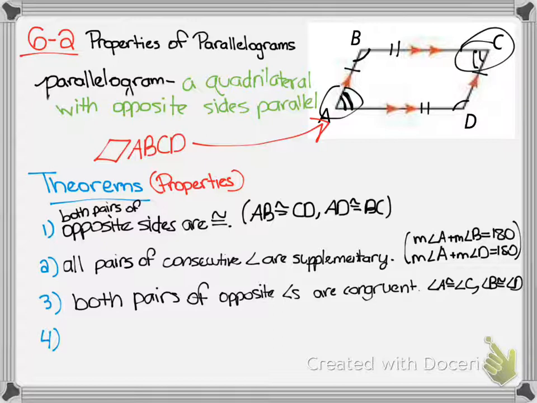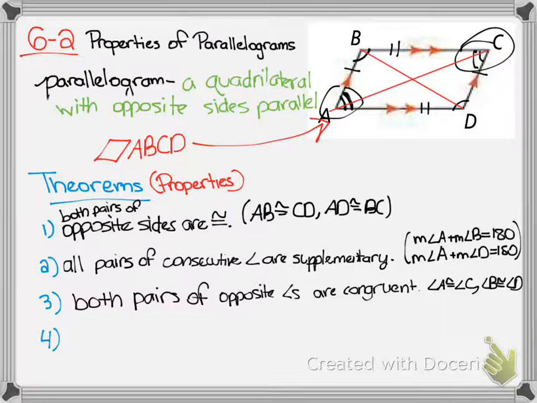All right, so there is one more theorem left to look at with parallelograms. And to see that last theorem, we need to draw the diagonals of this shape. Remember, a diagonal goes from a vertex to a vertex. So there are 2 diagonals in this parallelogram. Here they are.